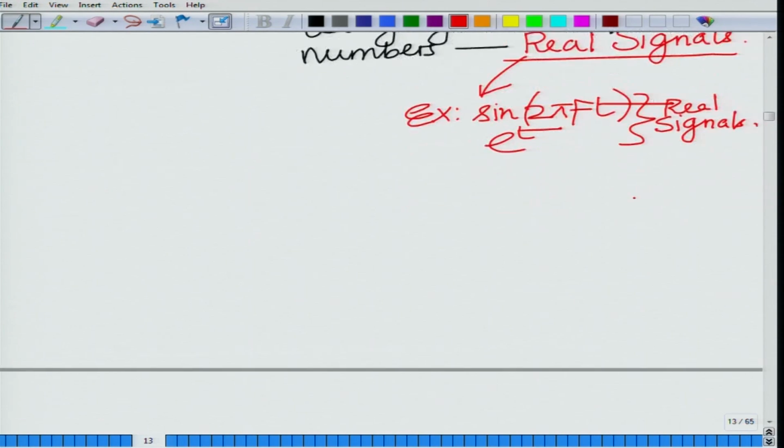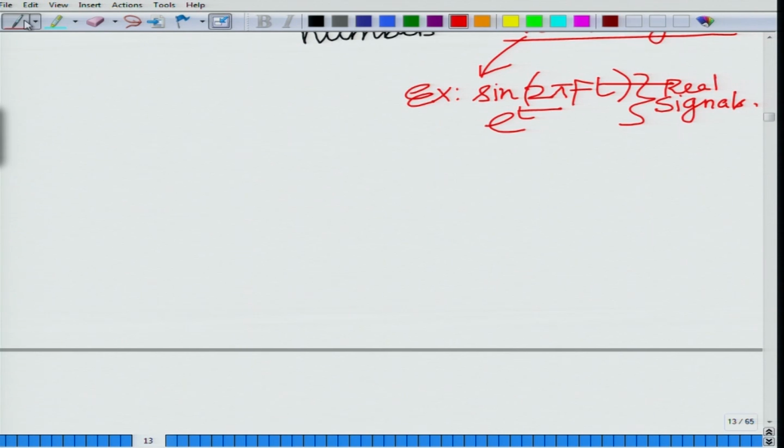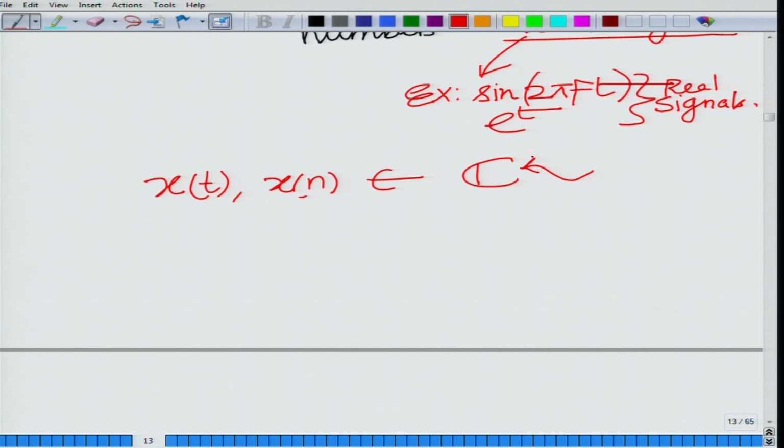On the other hand, if you take other signals such as x t or a discrete time signal x n, which can take values belonging to the set of complex numbers, so, this is the set of complex numbers.